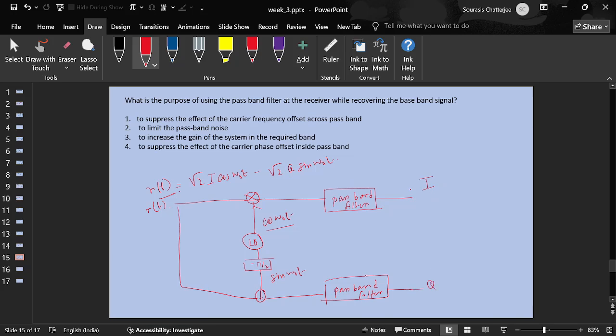Those have no high frequency components, and then I'll just add them up. So I'll get here I plus jQ, that is my complex baseband signal, right?